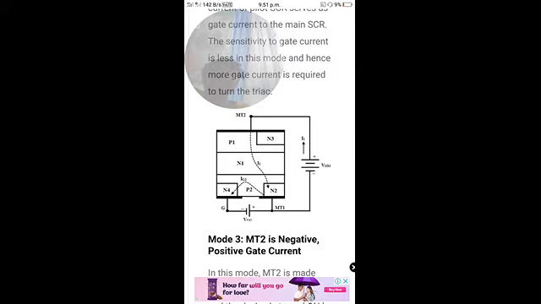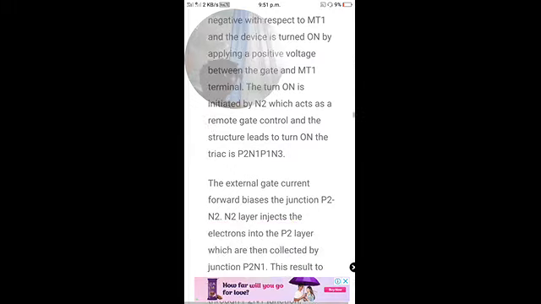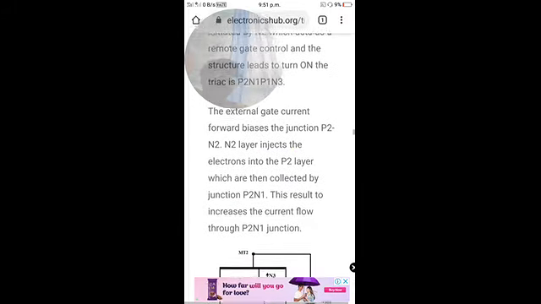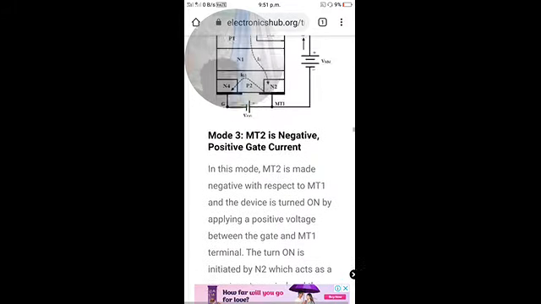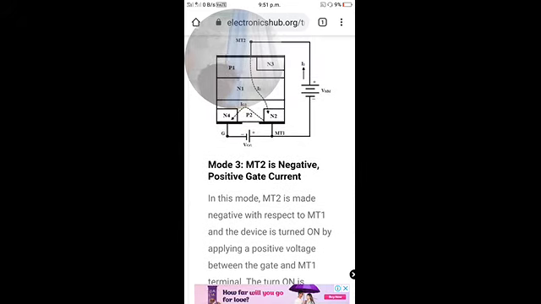See, the electrons are moving from N4 to P2, N1, P1, and the current will flow from P1, N1, P2, N4.